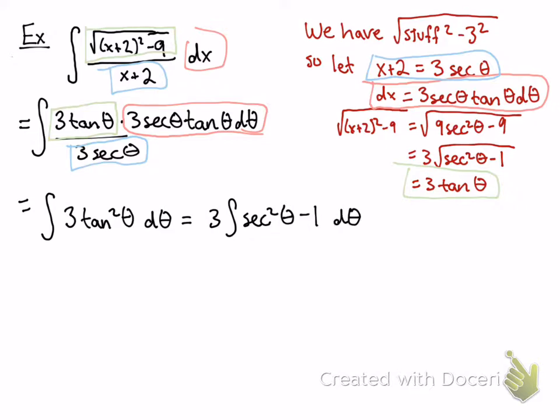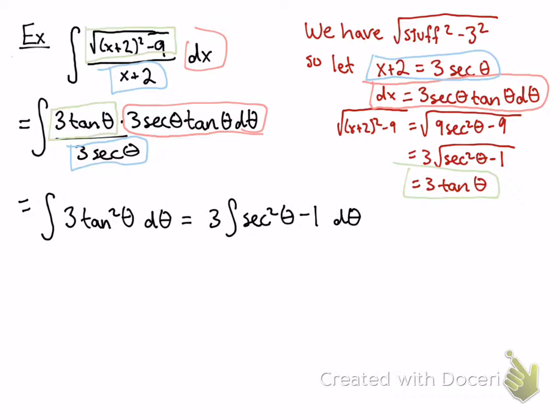Factor the 3 out and remember that tangent squared equals secant squared minus 1. I already used that identity once in here, but I can use it again. The reason I want to use it now, this won't happen in every trig integral, is that I don't know an antiderivative of tangent squared, but I do know an antiderivative of secant squared, right?